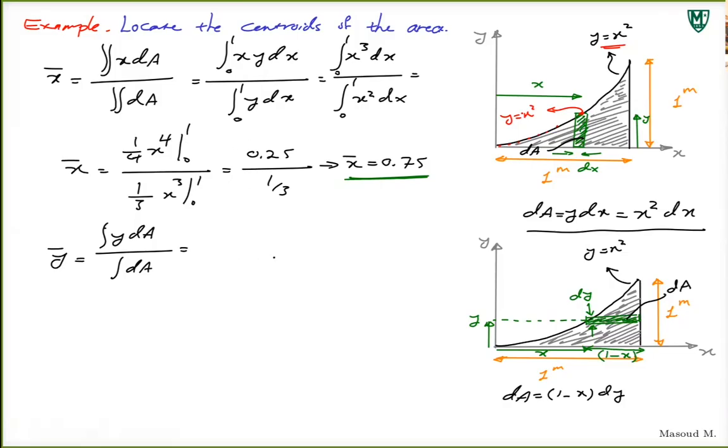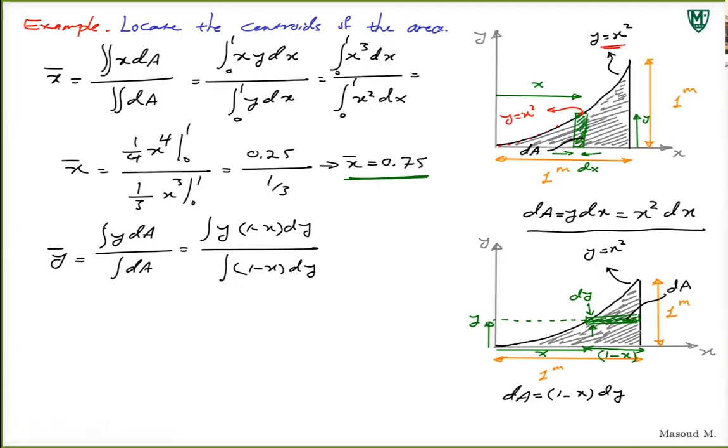Now we plug into the general form of the equation. You have y, and now your dA is 1 minus x dy, over, remember, now we go from a double integral to a simple integral, integral of 1 minus x dy. What is the range? Whatever y is changing, because now we're looking at dy.